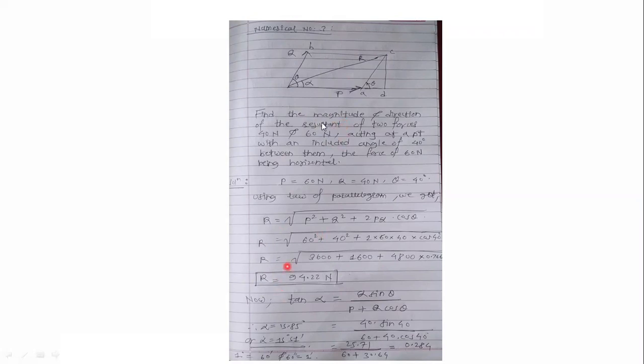Now after that, they also asked you to find the angle made by the resultant. So therefore, you have to find the angle alpha, because you have to find the direction of the resultant, and that can only be found out by angle alpha. So tan of alpha is equal to Q sin theta divided by P plus Q cos of theta.